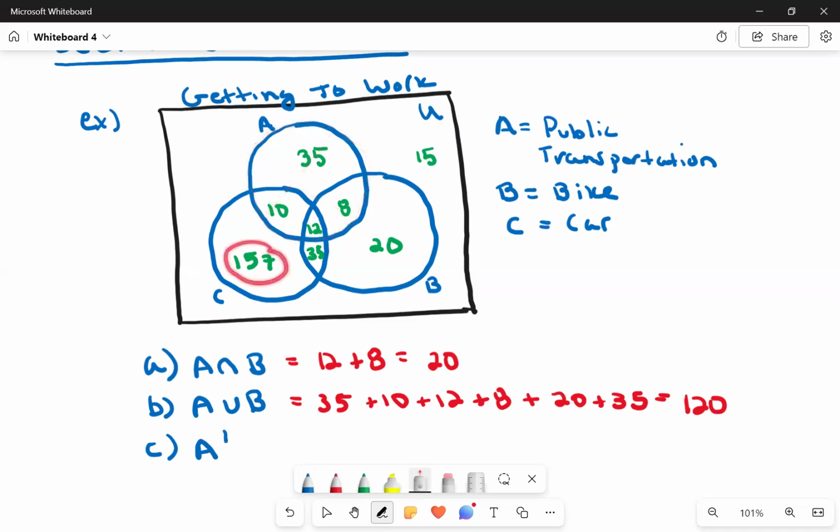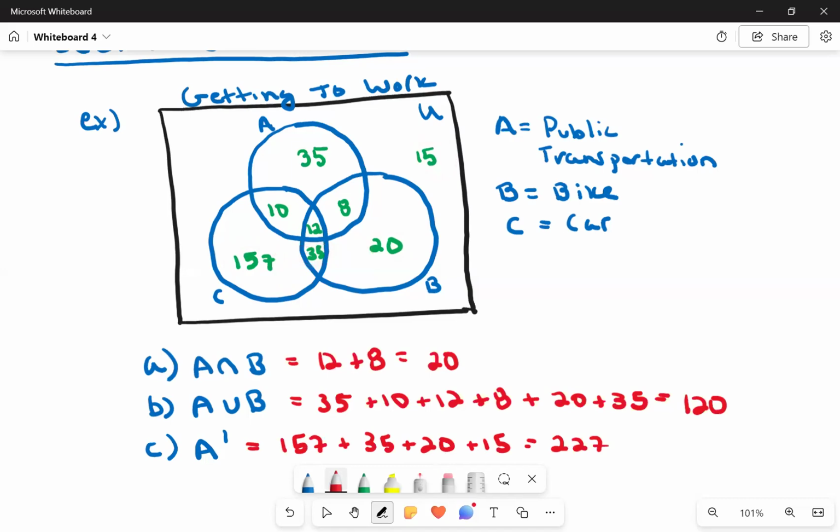So that would be 157, 35, 20, 15. Those are all in A complement. Let me add those up this time. I got 227.